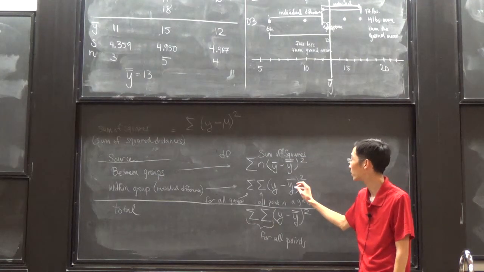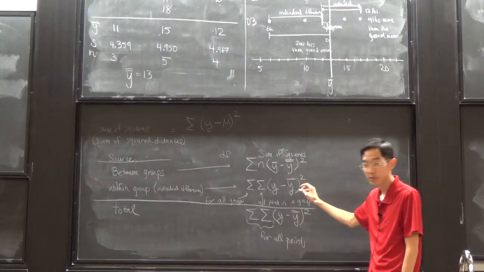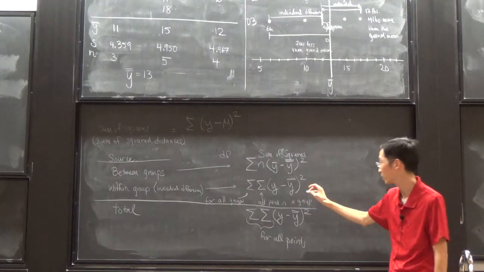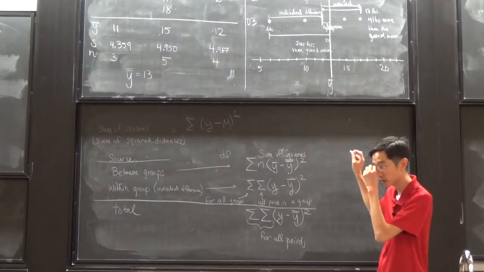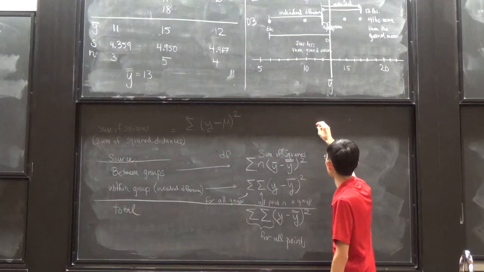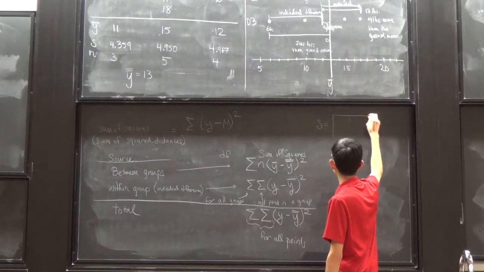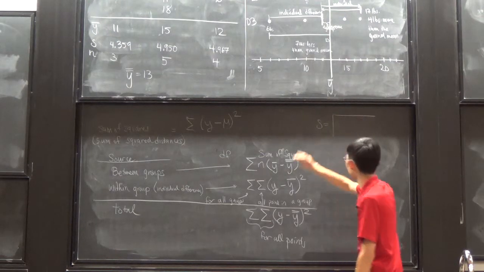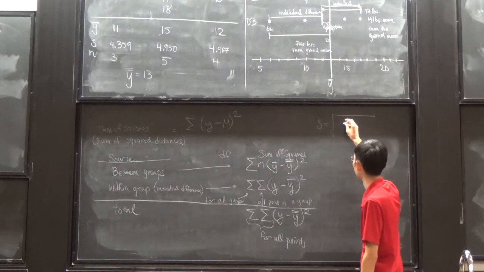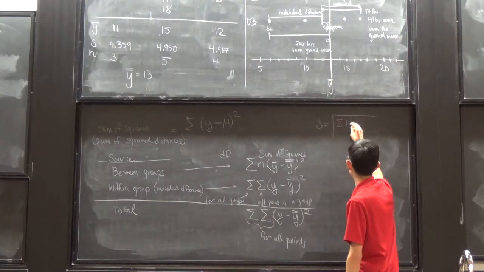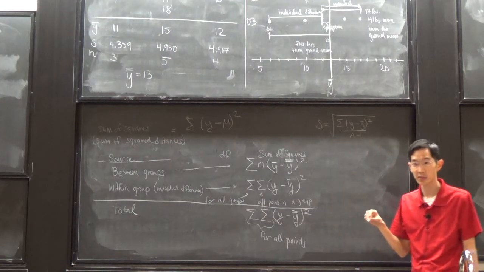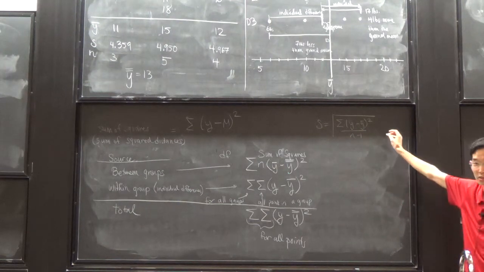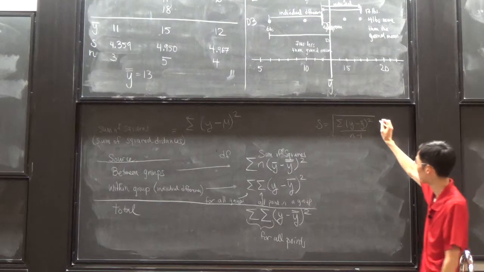This within group can become rather tedious to calculate because we would have to do it for all individual points. So we can use the summary statistic. If we recall the formula for the standard deviation s, it is the square root of the sum of y minus y bar squared over n minus 1. What do we notice?